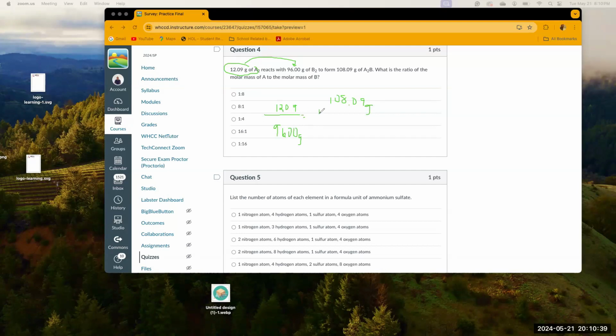Okay, so that's going to be a 1 to 8 ratio, right? For our A2 to our B2. Now, the other thing is that we know that we have a 2 to 1 ratio. So for every one of the A2 that we have, we're going to need just one B2. So then we're also going to have to double that amount.